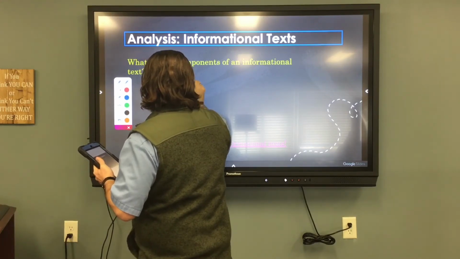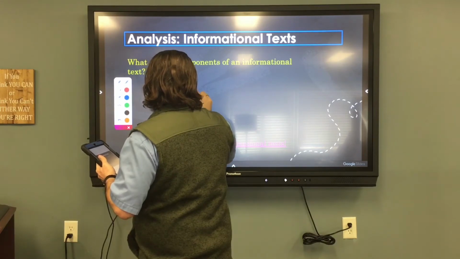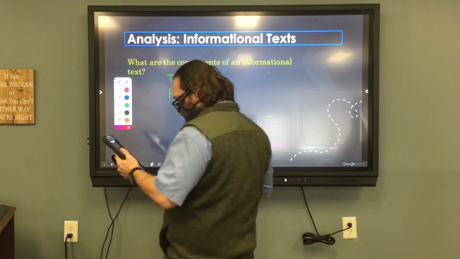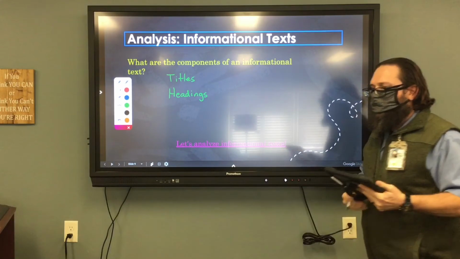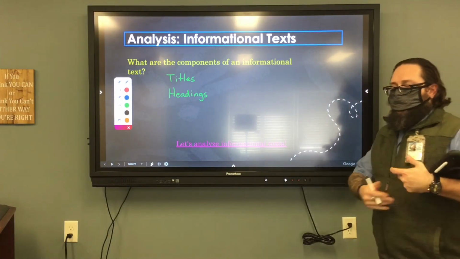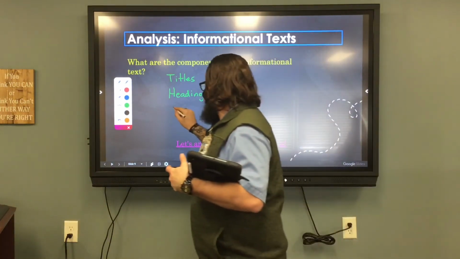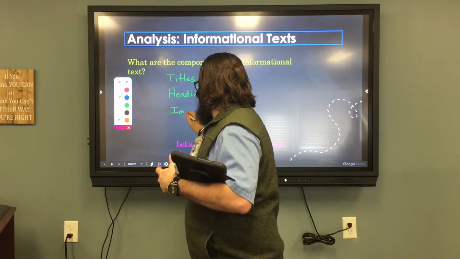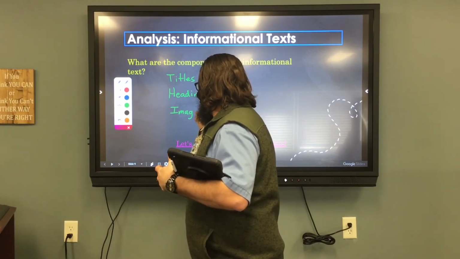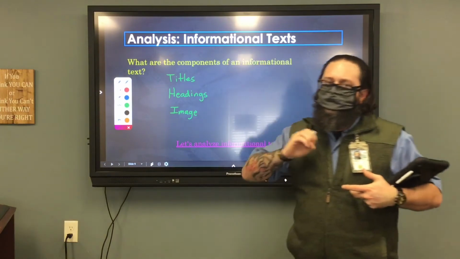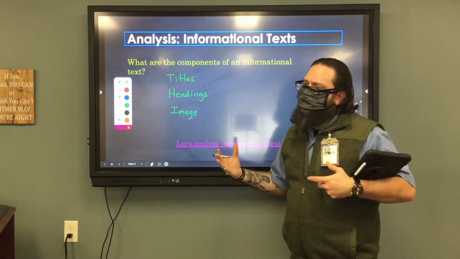So titles, headings, well, those are the same things, kind of. Pictures? Yes, images or graphics. No, the title refers to the overall title of the document. Okay.